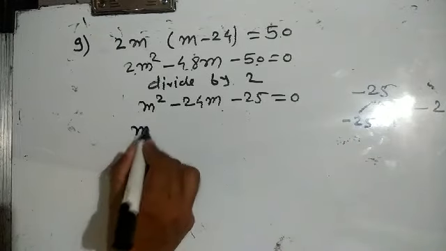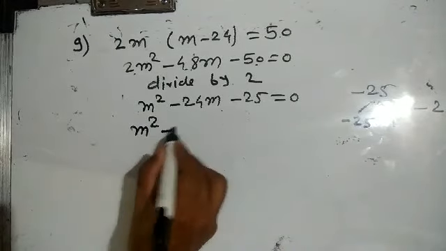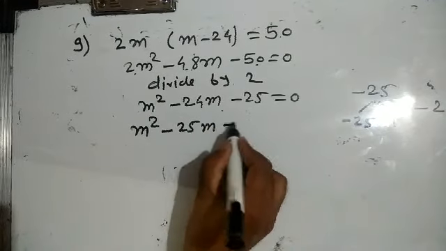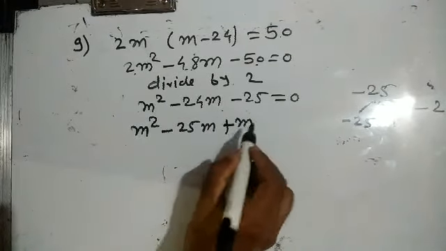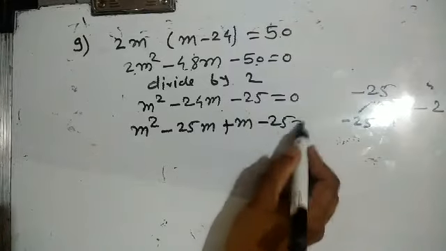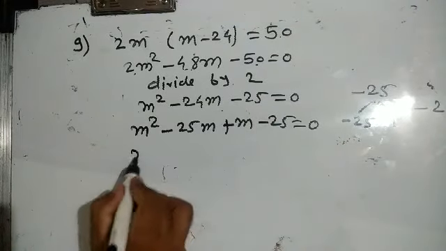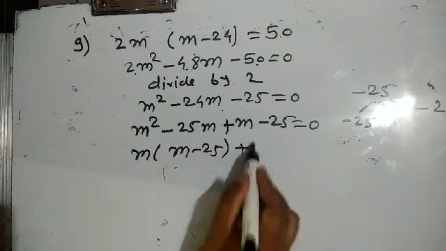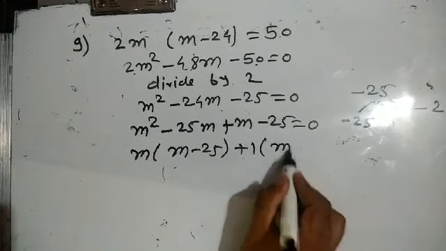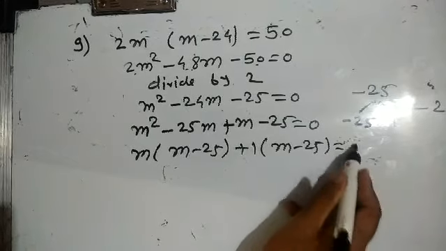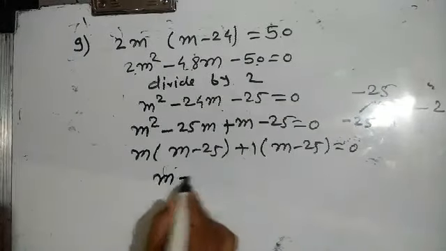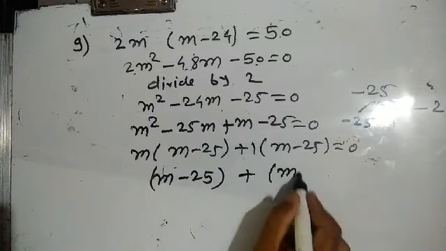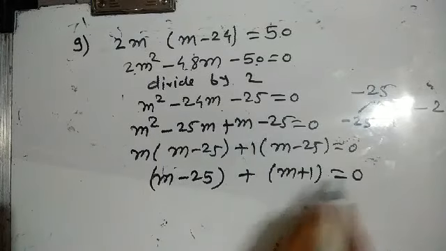Therefore, we can write m² minus 25m plus m minus 25 is equal to 0. Take m as common, m minus 25. Take plus 1 as common, m minus 25 is equal to 0. Therefore, in one bracket m minus 25, in another bracket m plus 1 is equal to 0.